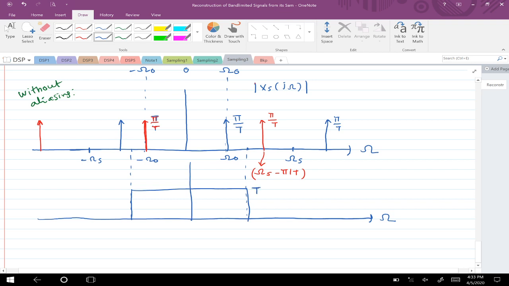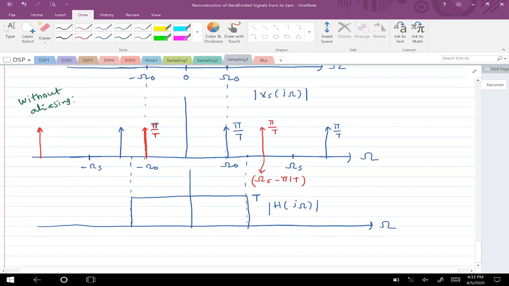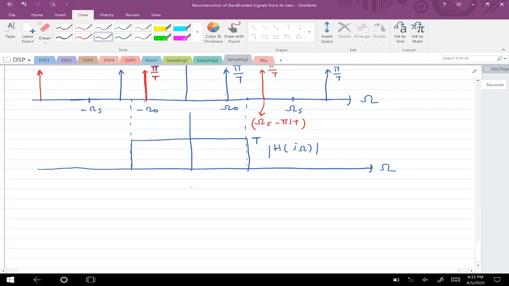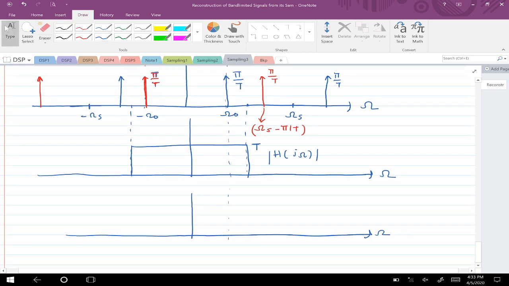And what I have drawn here is the magnitude of H of j omega, and then you multiply both. That would give you, of course, exactly, if you want, I will write here for the sake of completion, pi by T multiplied with T, having magnitude pi at omega naught.